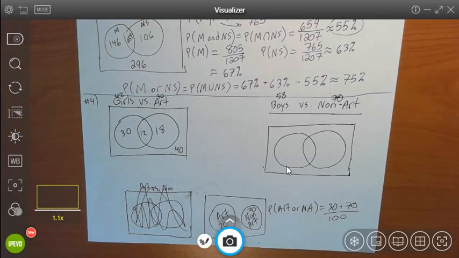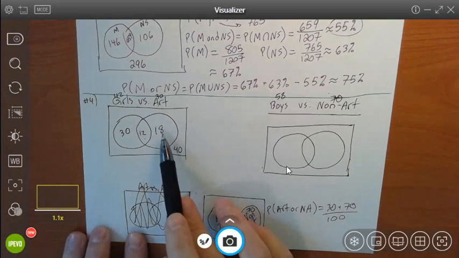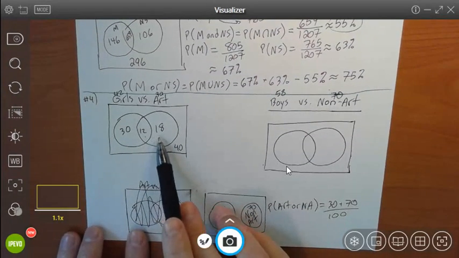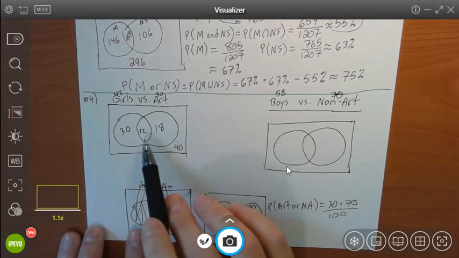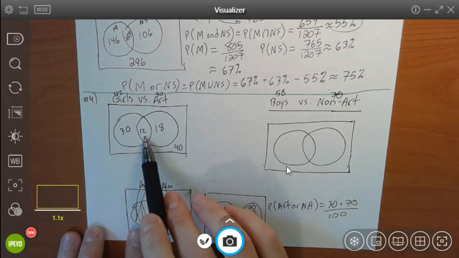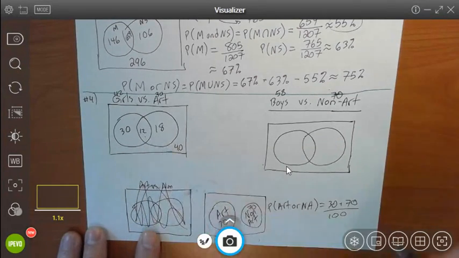So that means there are going to be 18 boys that are art students from this Venn diagram. So these 12 art students are girls, these 18 art students have to be boys.